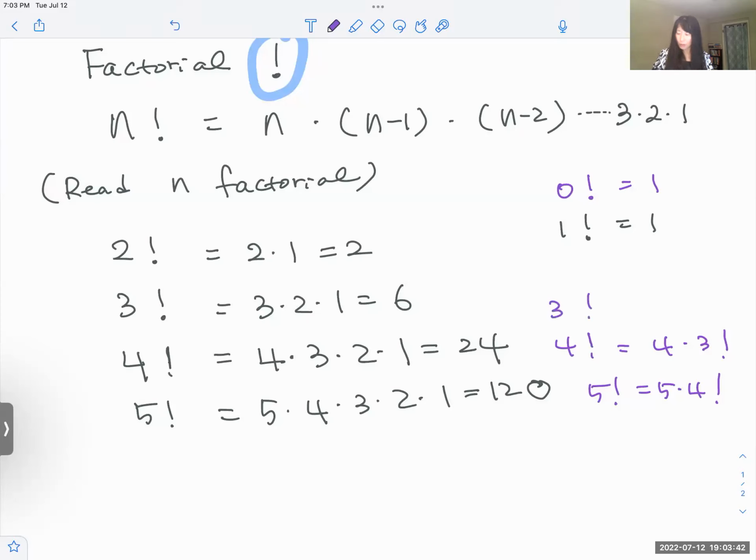Now, 3 factorial, we can express as 3 times 2 factorial, right? Now, 2 factorial is 2 times 1 factorial, right? 1 factorial, we can express as 1 times 0 factorial. By the pattern, can you see that? But we know that 1 factorial is equal to 1, then 0 factorial must be equal to 1. Make sense?